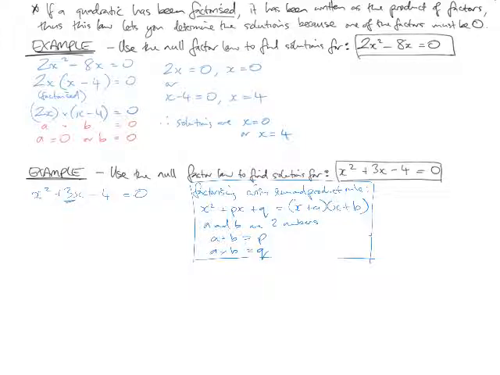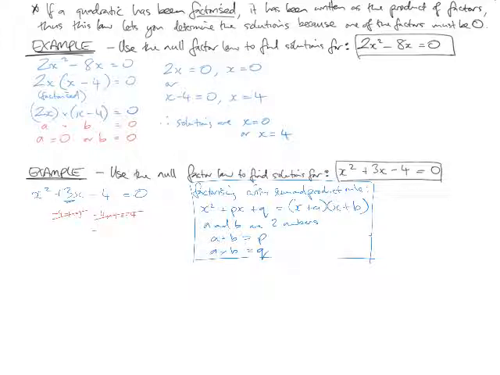So let's do it in a different color. How do I get -4 by multiplying? I can go -4 times by 1. If I add them together, -4 plus 1 is equal to -3. -4 times by 1 is equal to -4, obviously, so that doesn't work.